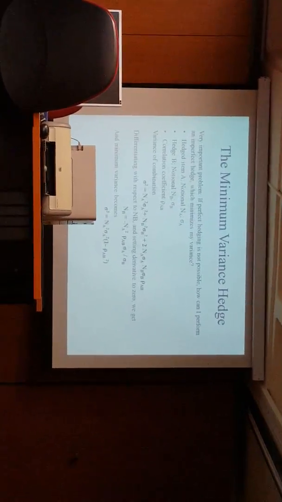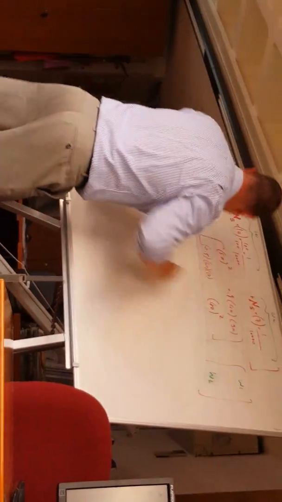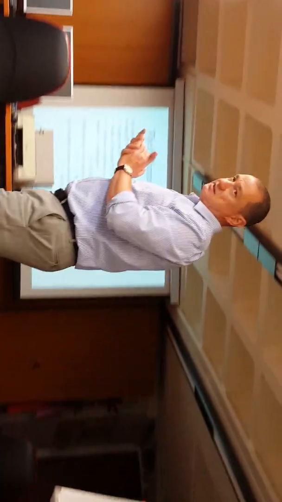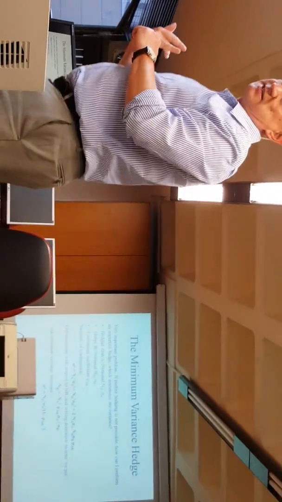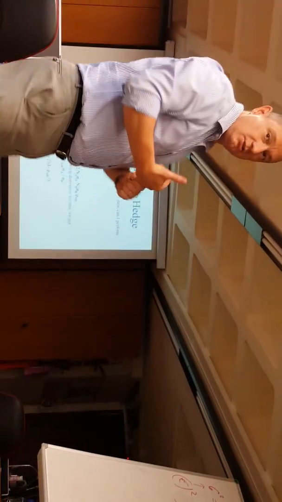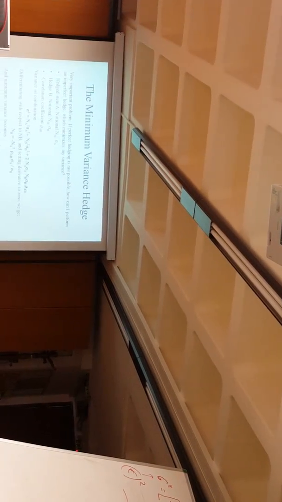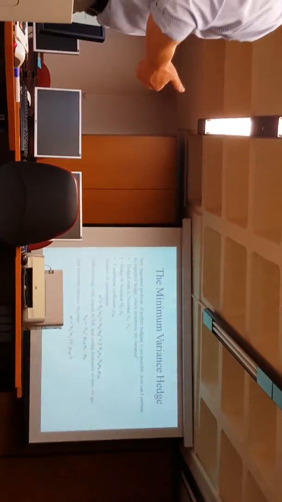Just as we have this formula here, keeping this in mind, let's see what my variance and my minimum variance hedge would look like if I have a 10-year bond and a 7-year swap.